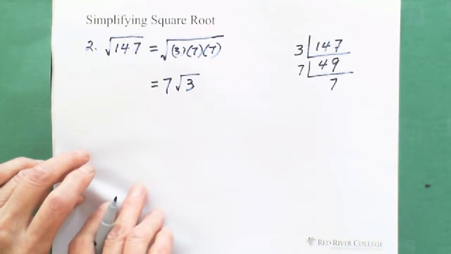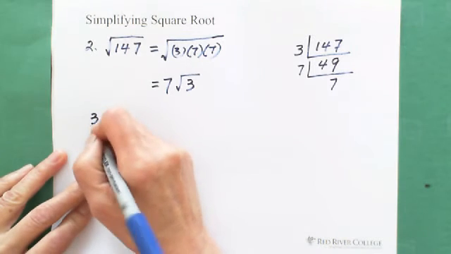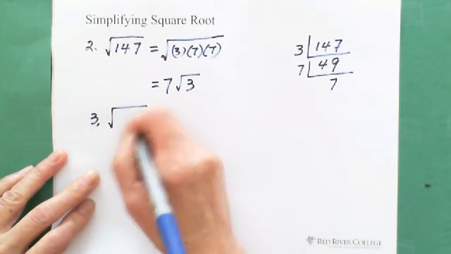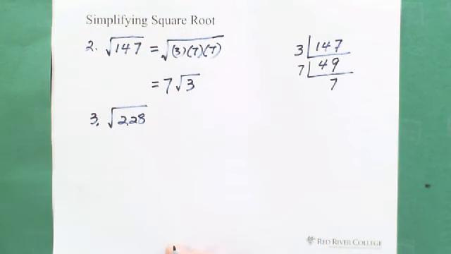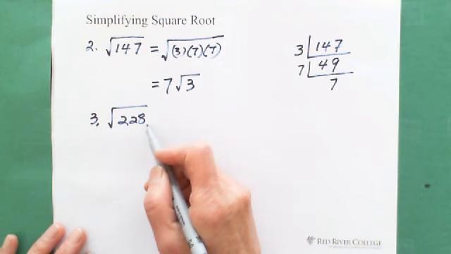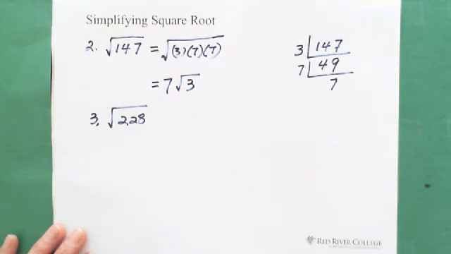The third example is the square root of 228. The last digit is 8, an even number, so we can try dividing by 2. The other thing I want to show you is that the last two digits of 228 are 28, which is divisible by 4.